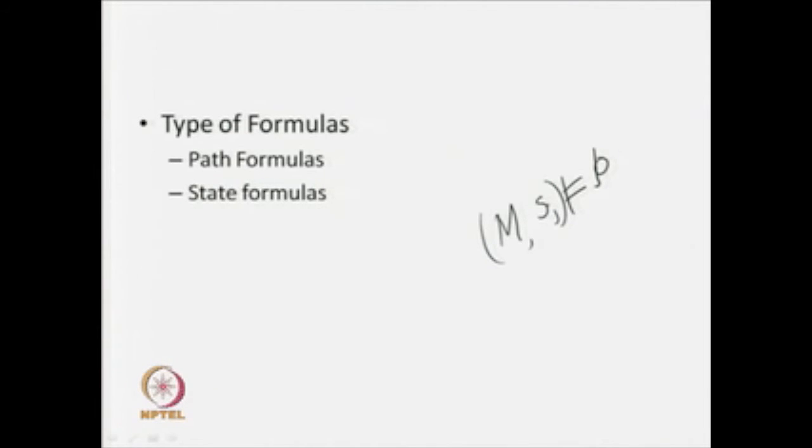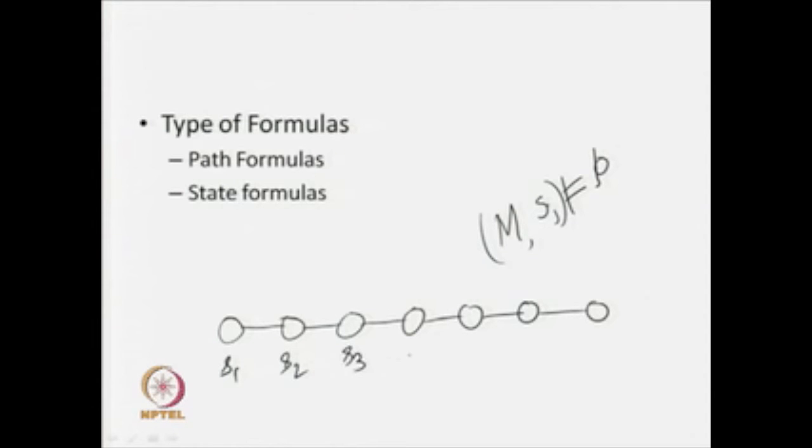Now, we have two notions: one is called path formula and the second is called state formula. Just see what we discussed in the last class. We have a sequence of states marked as S1, S2, S3, S4, S5, S6, and say that in S5 the atomic proposition P is true.